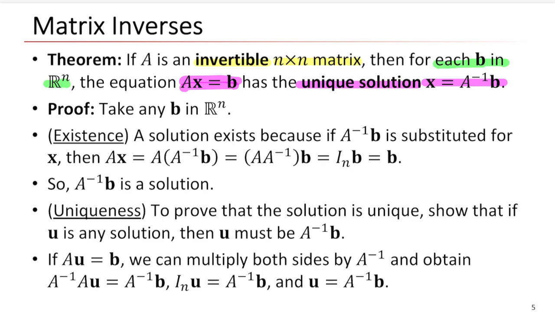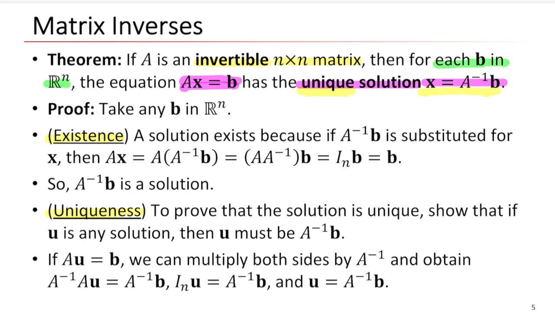To prove this theorem, we have to answer two questions. The first one is existence, because the solution has to exist as x equals A inverse times B. Another question is uniqueness, because the theorem says there is a unique solution.